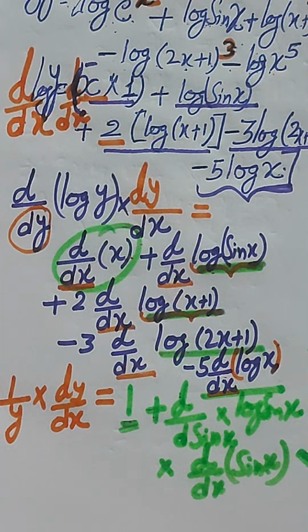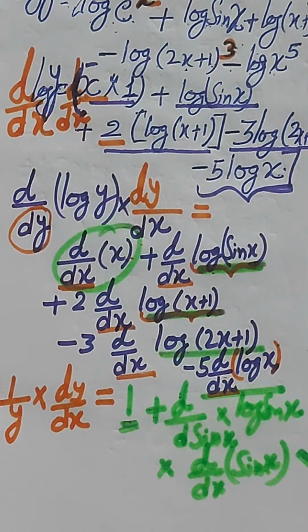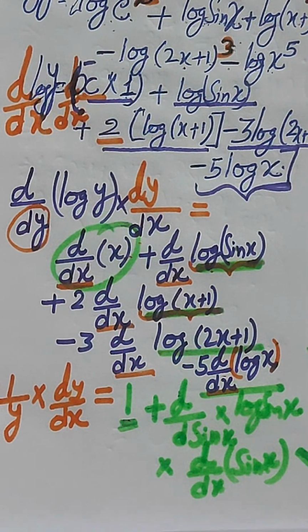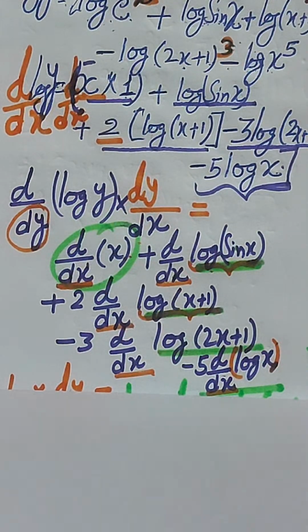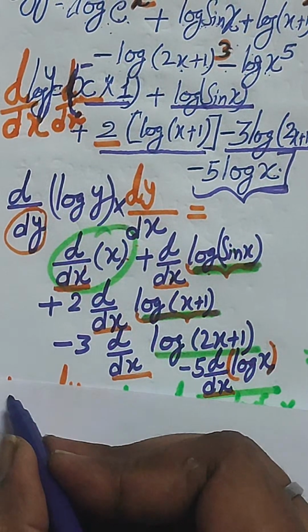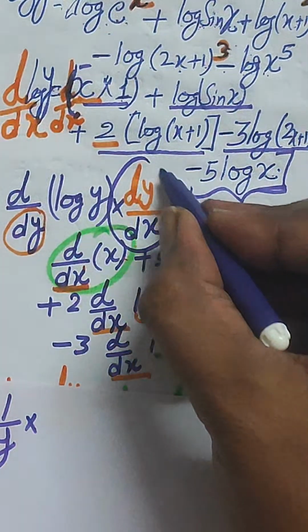You got it? That means this function, let me take a different paper. So from here we can see, just let me write this step again, because due to shortage of paper we need to. D by dy of log y will be nothing but 1 by y into, we are left with this dy by dx.